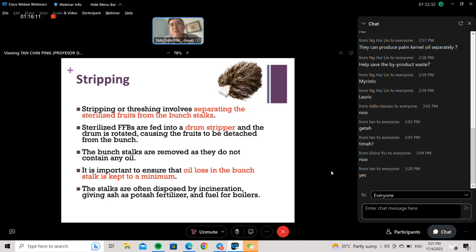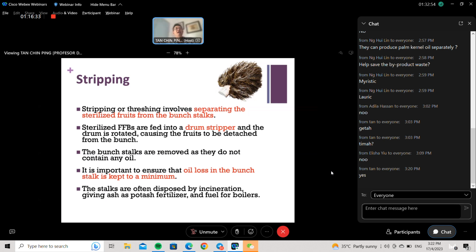Previously, when I was very young, perhaps in primary school, it was easy to identify mills because surrounding the mills, they had a lot of EFB. They had a lot of empty fruit bunches.